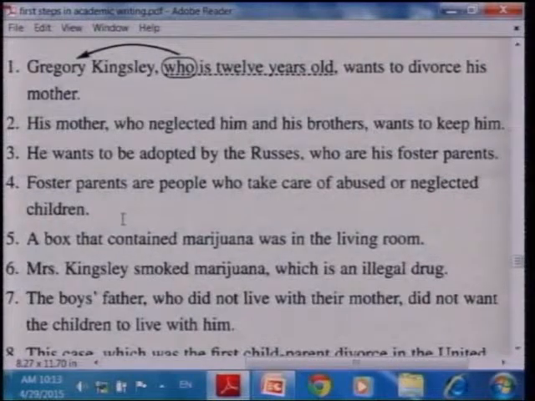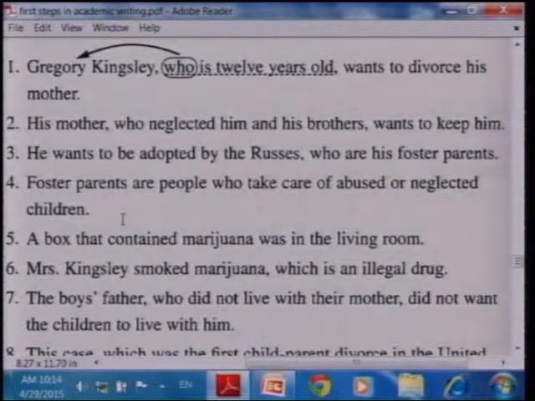What we have here, the first point, is just a quick reminder of the adjective clauses. Adjective clauses begin with the words who, which, and that. Who is generally used for people, which is used for things, and that is used for people or things, and in formal English it is used for things.